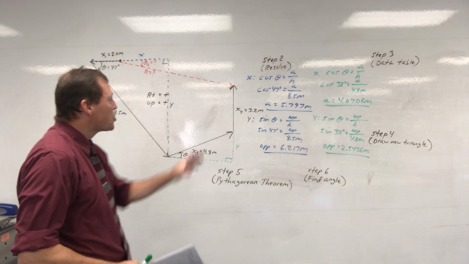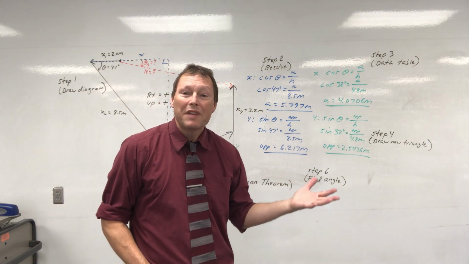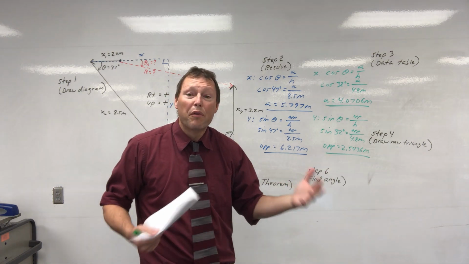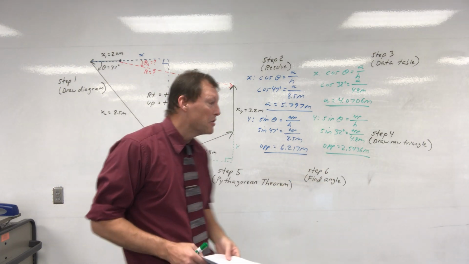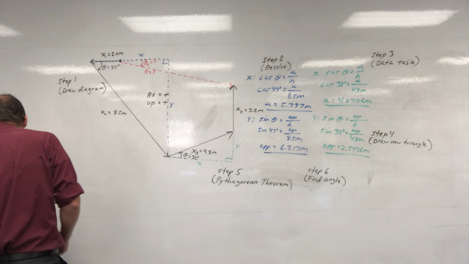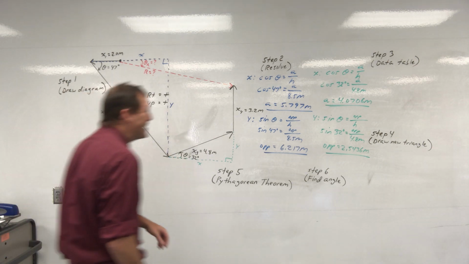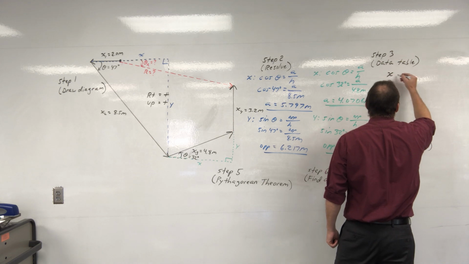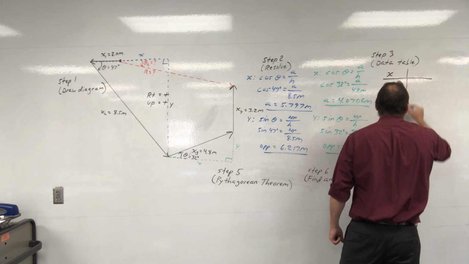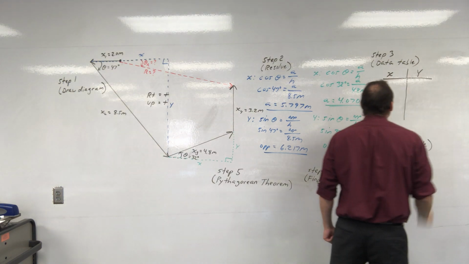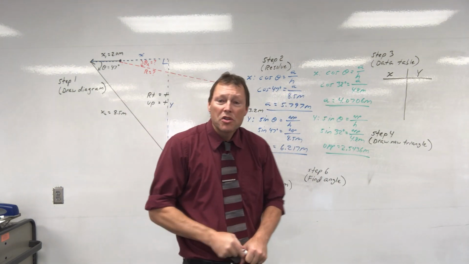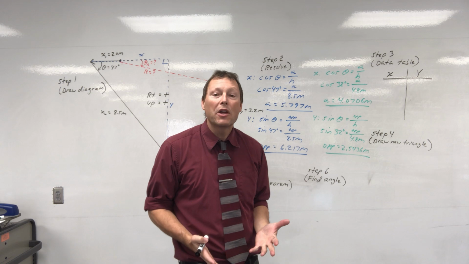And what I have done so far is I have resolved any vectors that go off at an angle. I've found the horizontal and vertical parts of those vectors. Now what I want to do is go over to my data table. So I'm going to create a data table, an X and a Y. I want to add up the X components, and I want to add up all the Y components.